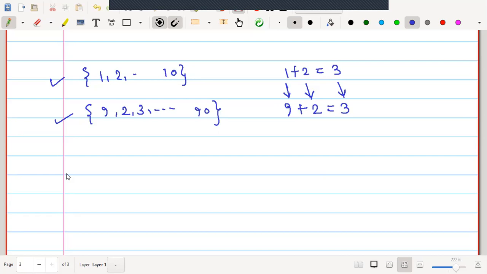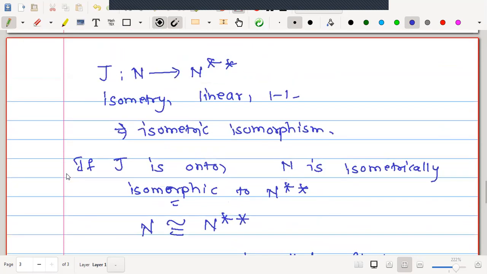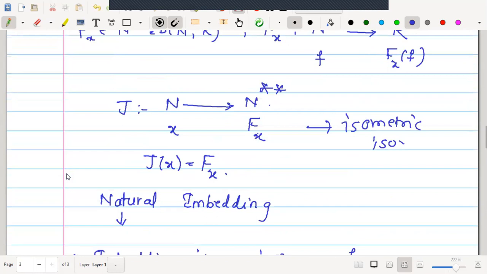Like this, we try to understand what isomorphism and homomorphism are, and in this concept we have seen the natural embedding. Let me recall the word natural embedding. It means simply that the set n is contained in n double star.